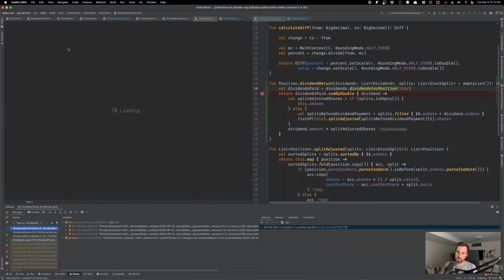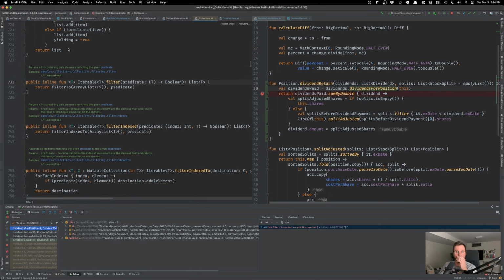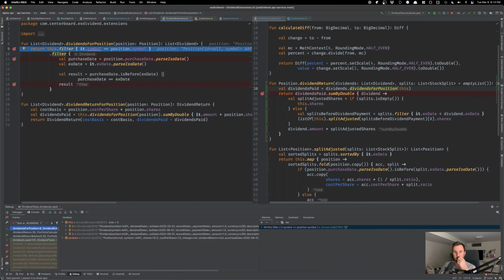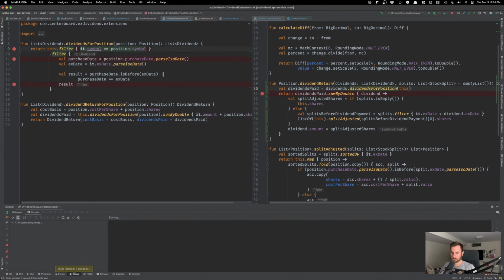Oh, this is only matching the given predicates. What? Okay. That doesn't make any sense.